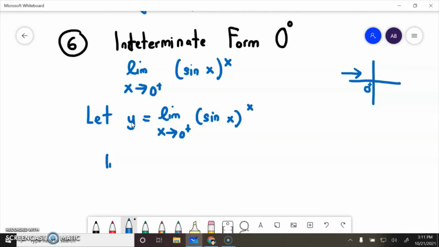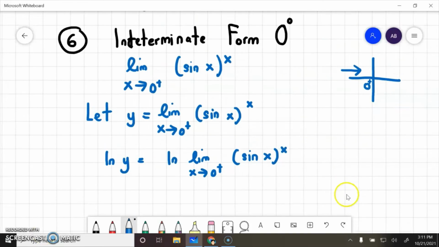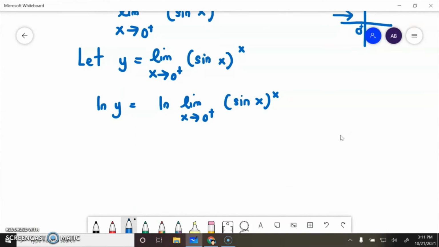So what is ln y equal to? ln of the limit as x approaches 0 positive of sine x to the power of x. Now by the ln property, I can bring my x to the front.